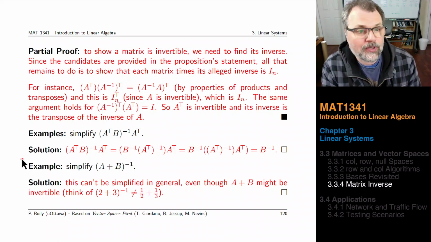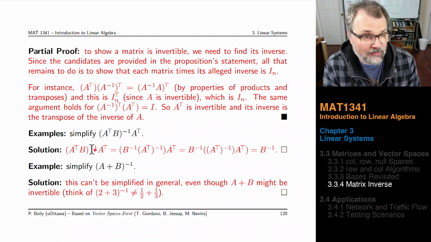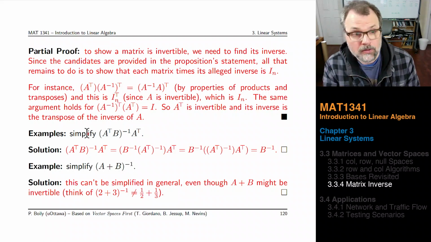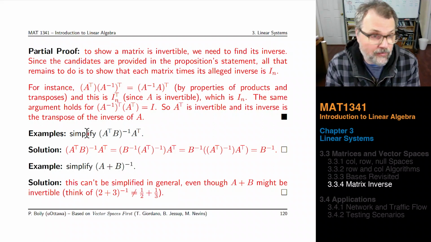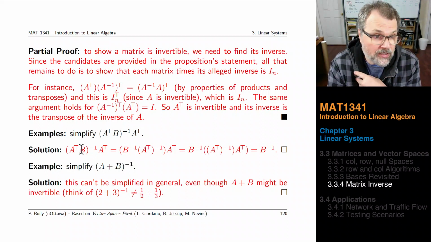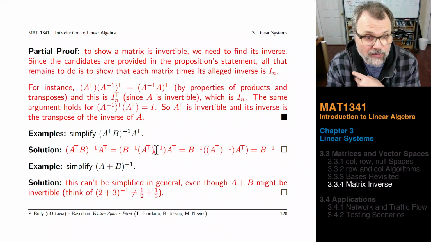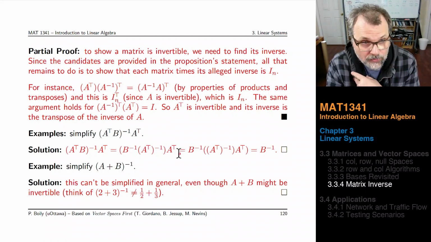I use the property that says that the inverse of a product is the reversed product of the inverses. So I get B inverse times A transpose inverse times A transpose. And the inverse of A transpose would be the transpose of A inverse.